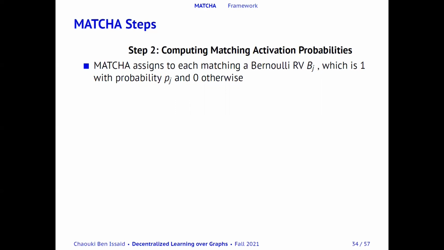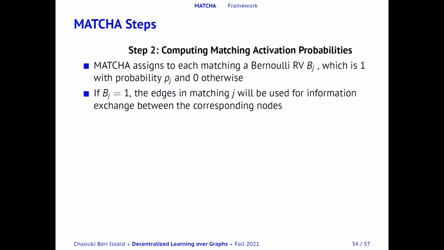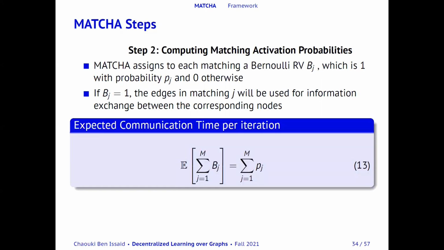When B_g equals 1, the edges in matching g will be used for information exchanges between the corresponding nodes. In this case, the expected communication time per iteration is given by equation 13, where here we use the fact that the expected value of B_g is equal to p_g.